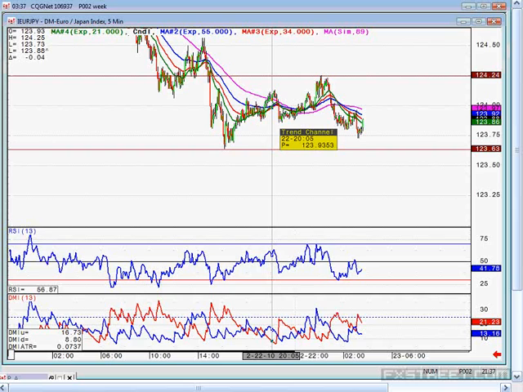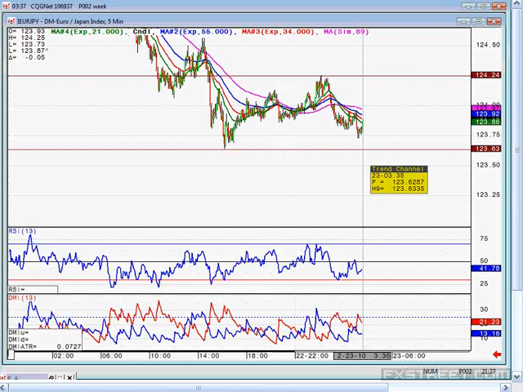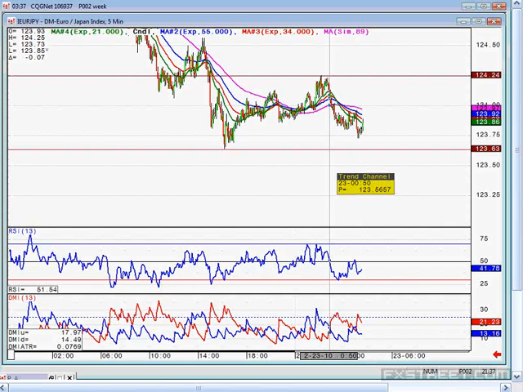Let me show you on a lower time frame. Once it breaks 123.60, chances are the price is going to go lower. But as I told you earlier, when you trade euro yen, you should have your attention on both the crosses, euro USD and dollar yen.